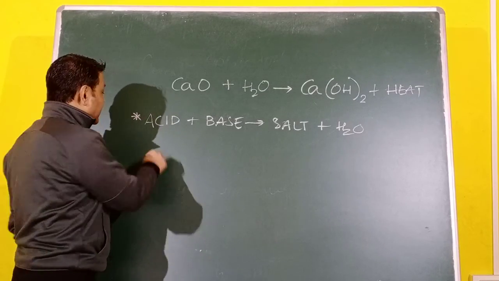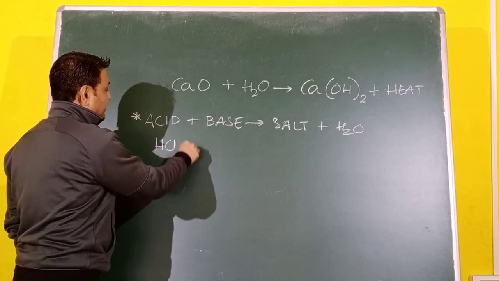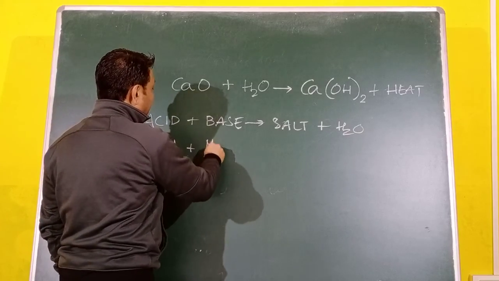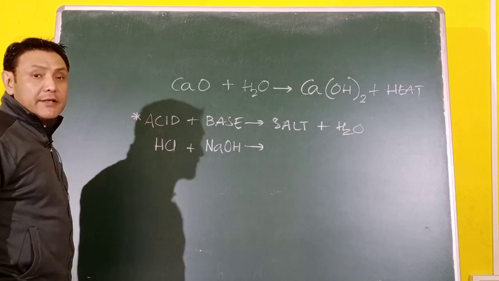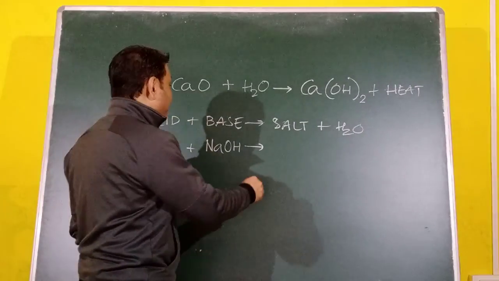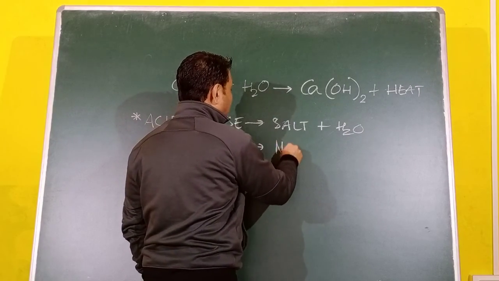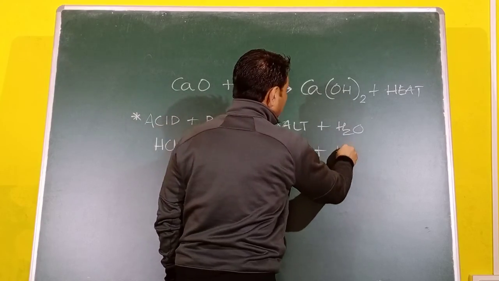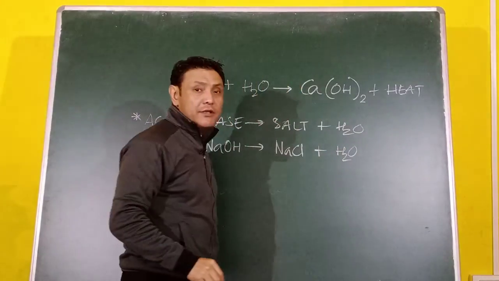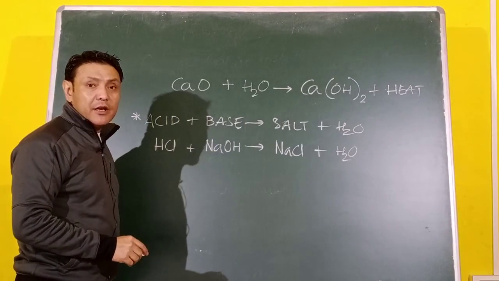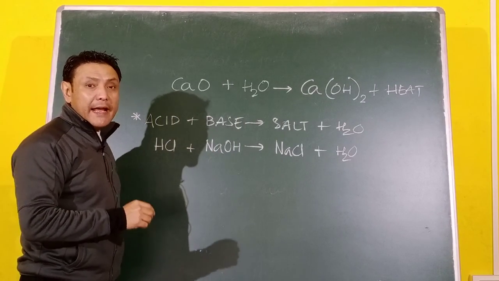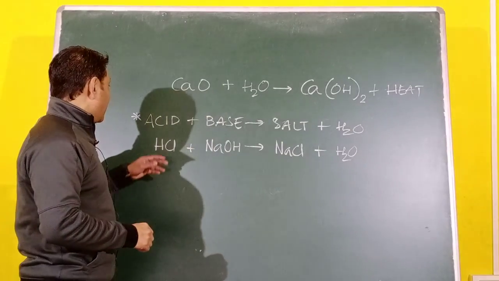So any acid, let's say hydrochloric acid, and a base, let's say sodium hydroxide, will produce salt, NaCl, and water, and it produces a lot of heat. So heat will be evolved in this reaction, therefore it is called an exothermic reaction.